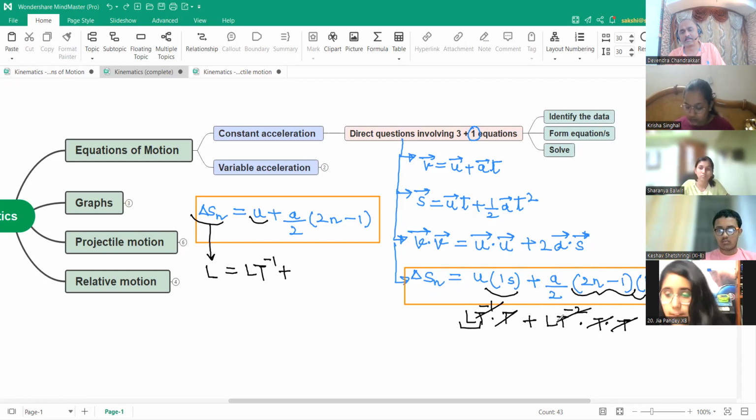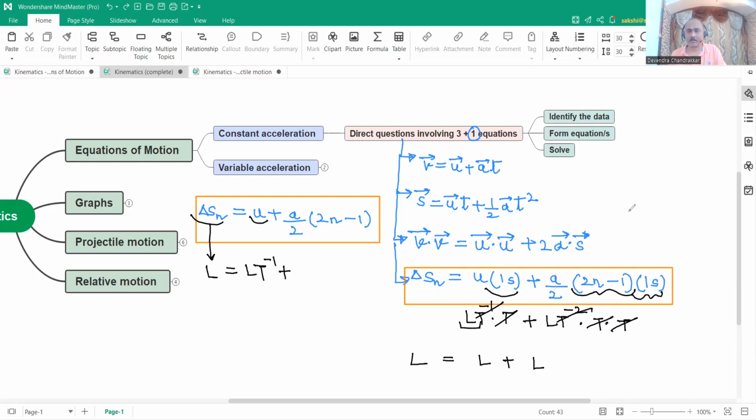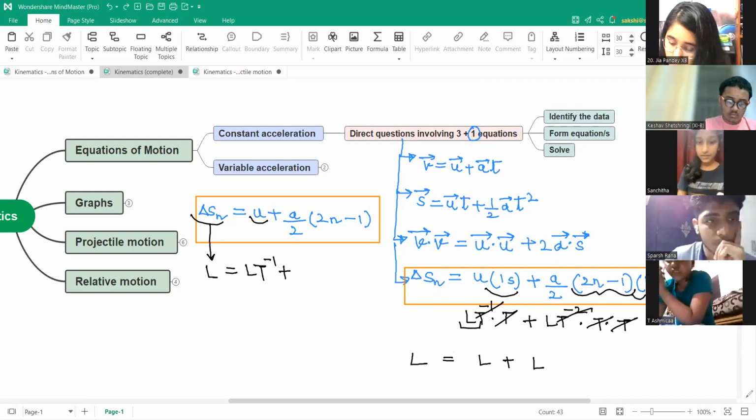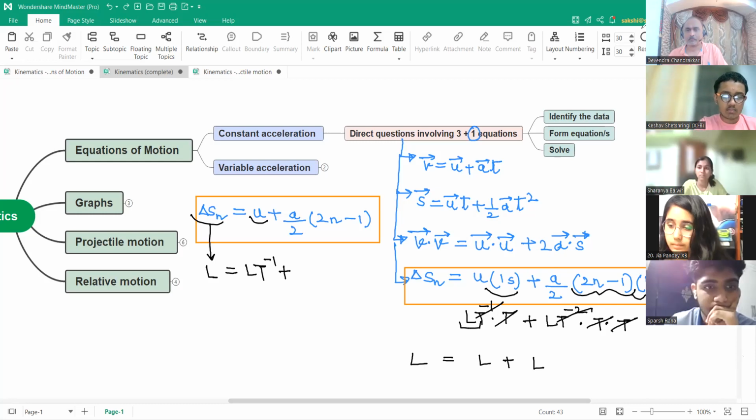So these two T cancel out, and we get displacement added to displacement to give us displacement. All of you, Ashmika, Sanchita, understood, beta? Sure? Sparsh, understood? Yes, sir. Keshav? Yes, sir. Good.